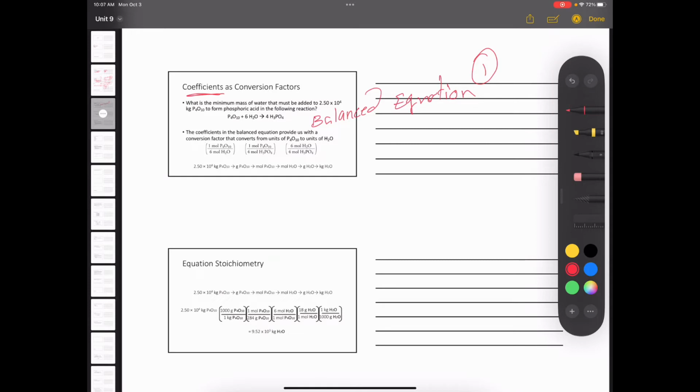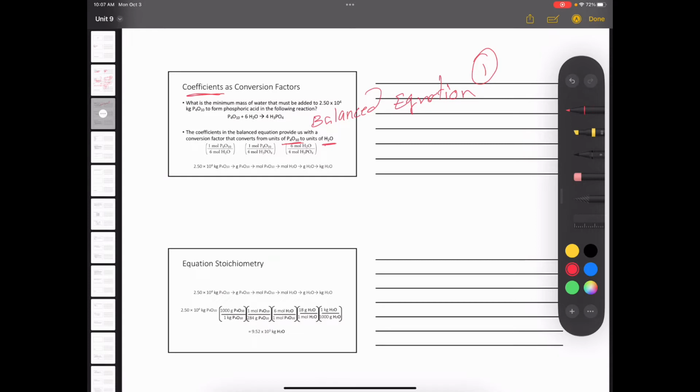Okay. So we use the coefficients in a balanced chemical equation to provide us with a conversion factor that converts from units of phosphorus oxide to units of H2O. Okay, so now instead of calculating the phosphorus within the phosphorus oxide, we are taking this into a bigger context, which is basically calculating between substances of a chemical reaction, between either the products, or between the products and the reactants, or the reactants.